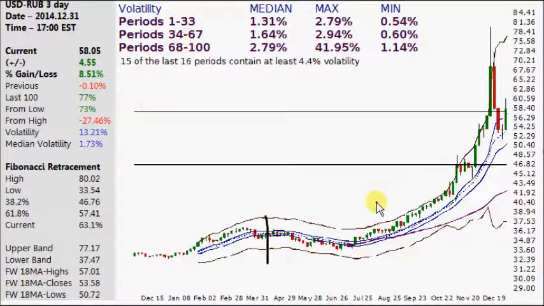The second third of this chart had a median volatility rise to 1.64%, a maximum volatility slightly increased to almost 3%, and the lowest volatility also slightly increased to 0.3%. But over the last third of this chart, with most of the bigger volatility happening at the end, median volatility was up to 2.79%, 13.42% was the largest volatile move, and the lowest one over the last 32 periods was 1.14%.